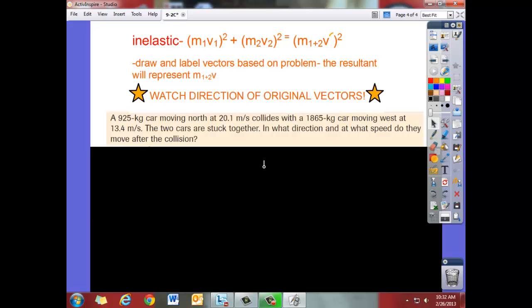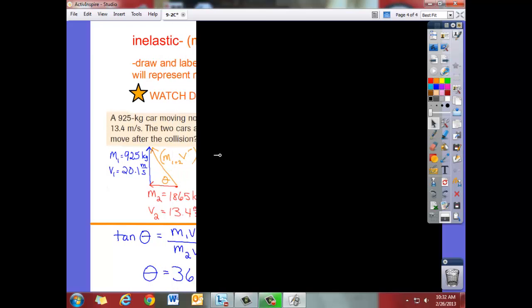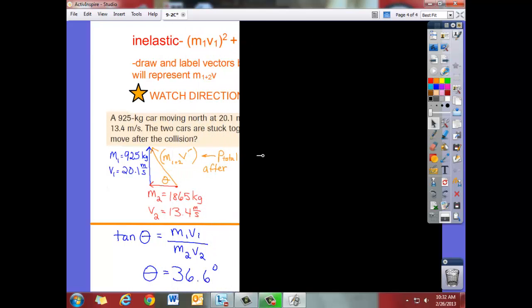So I have two cars, one's moving north, one's moving west, and after the collision they stick together, and it wants to know the speed and direction of their momentum after the collision. So the first thing I do is draw the picture. I draw M2V2 to the left, which is west, and I draw M1V1 to the north, and then my resultant is in orange.